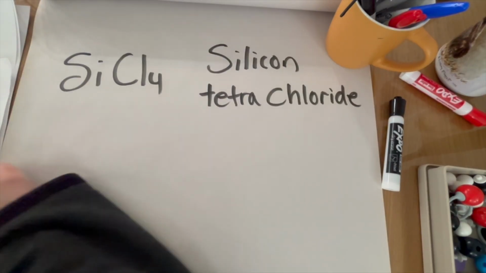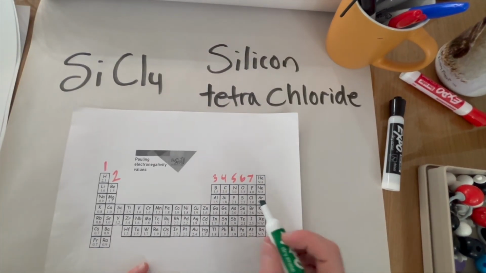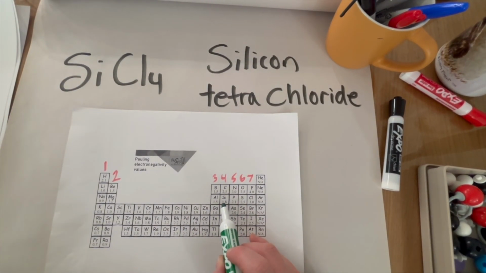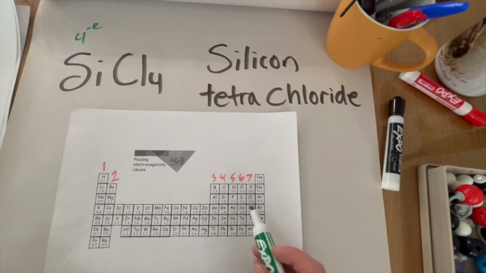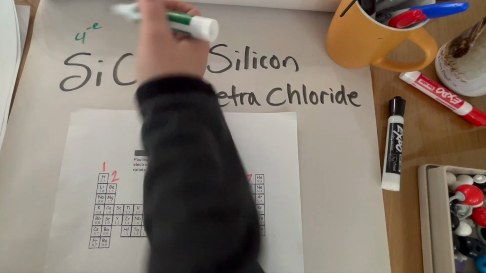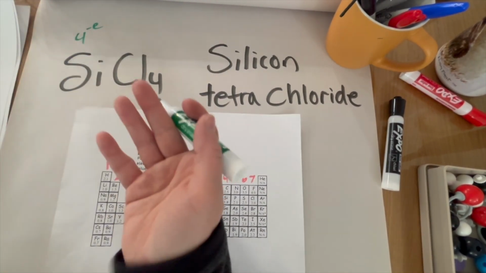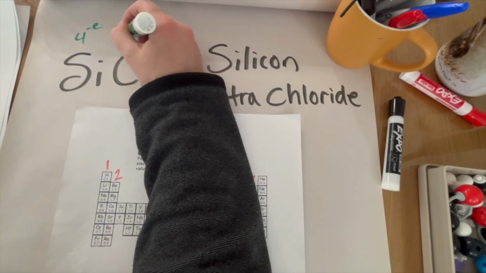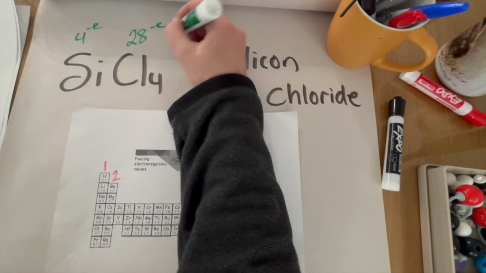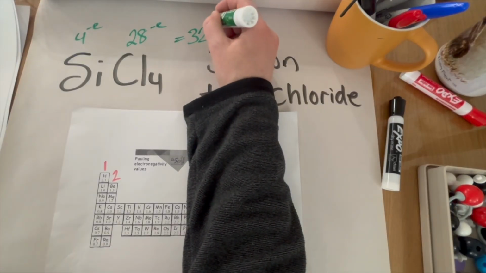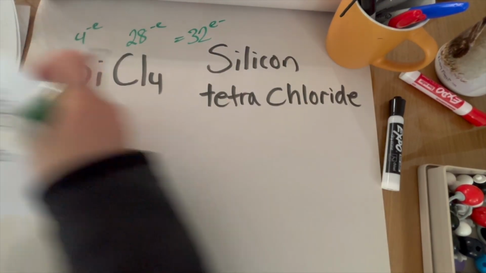So silicon, we have to figure out where it comes from. It comes from group 4 on the periodic table, so it's going to have 4 electrons coming into this equation. Chlorine is in group 7, so each of these 4 are going to be bringing 7 electrons. So we're going to have 28 electrons there, and then we add those together, we have 32 electrons total, okay?